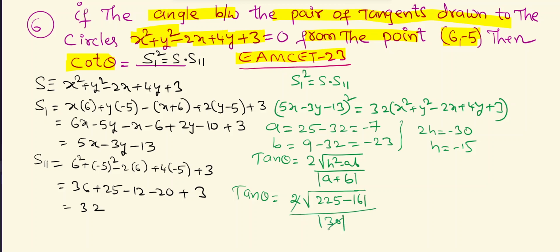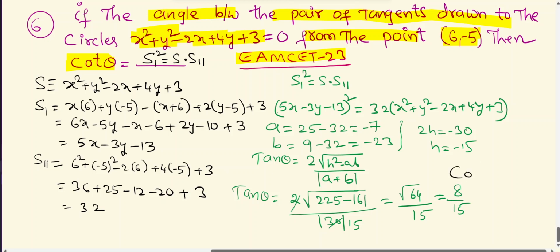Here the 2 and 15 cancel, so we get root of 225 minus 161, which is root 64 by 15. Root 64 value is 8, so 8 by 15 is the tan theta value. Now we find cot theta, that is cot theta is equal to 15 by 8. This is the answer.